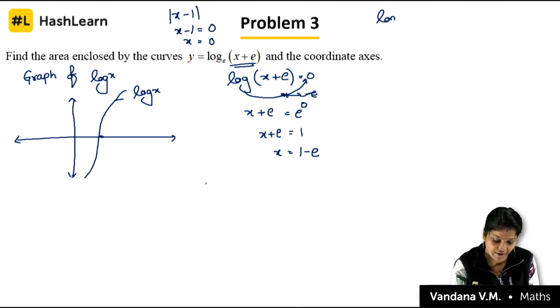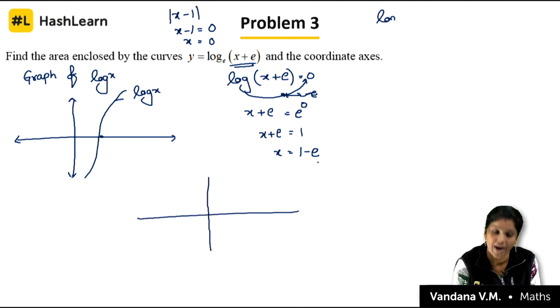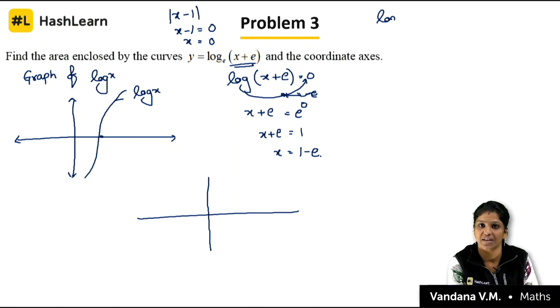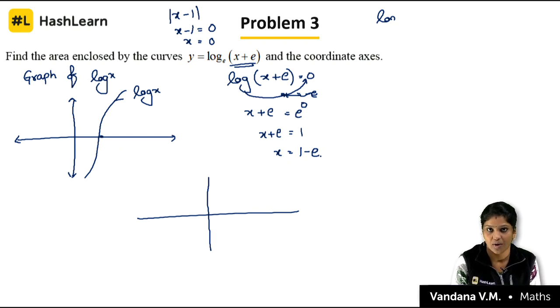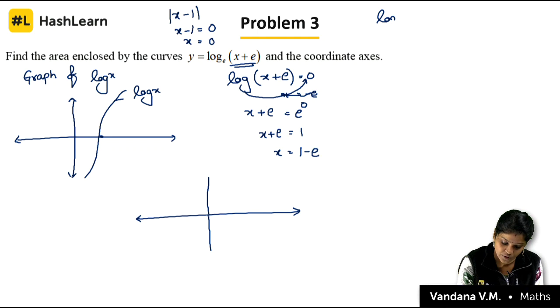So, how will the graph be over here? 1 minus e: e's value is 2 point something, so it is on the negative side of the x-axis. Take this point as (1 minus e, 0).